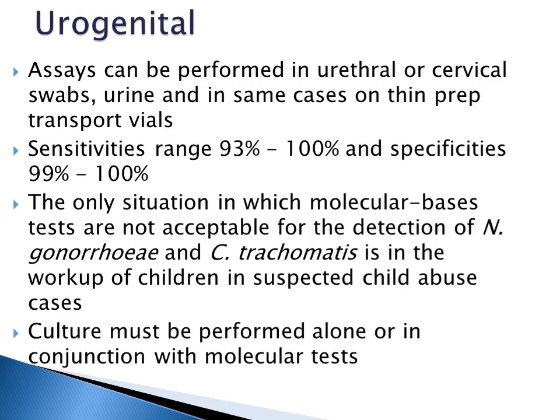These assays can be performed on urethral or cervical swabs as well as urine, and in some cases on ThinPrep transport vials. The sensitivities range between 93 and 100%, and specificities range between 99 and 100%.